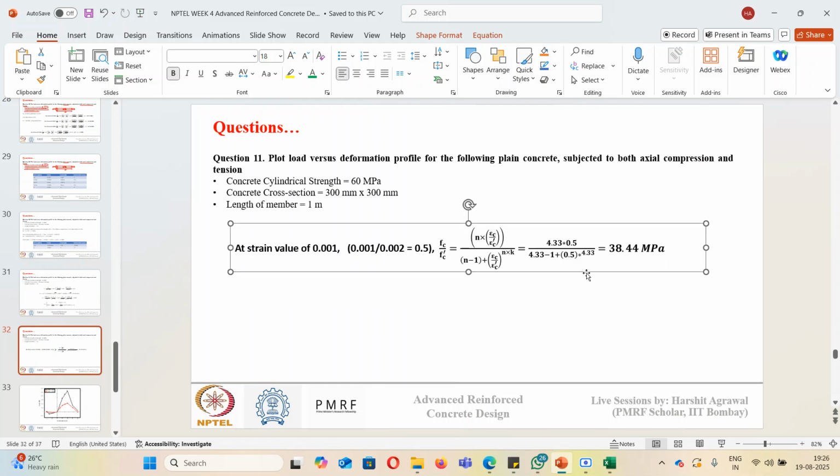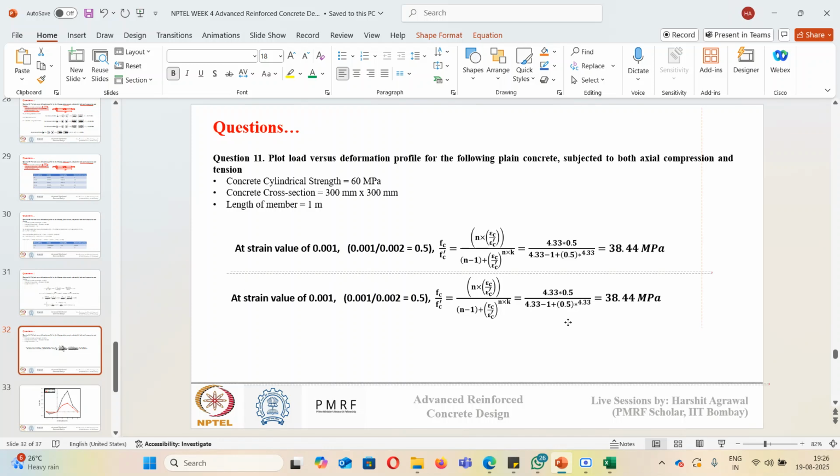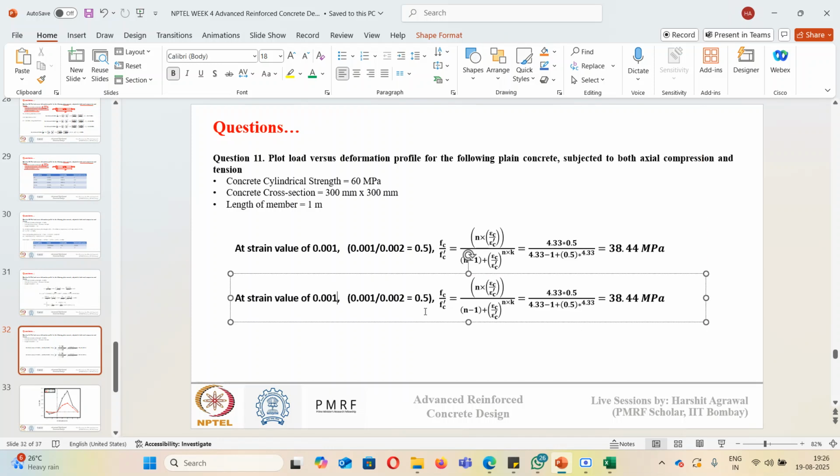Similarly, we'll do the calculation for some more strain values like we did in the last question. At a strain value of 0.0015, the factor 0.0015 upon 0.002 will become 0.75. So my calculation will become 4.33 into 0.75 upon 4.33 minus 1 plus 0.75 to the power 4.33.